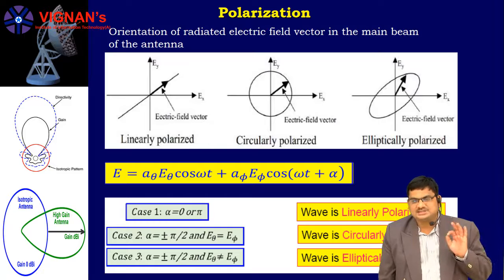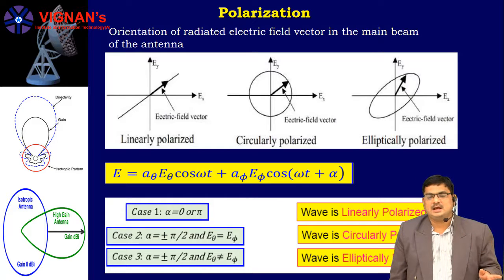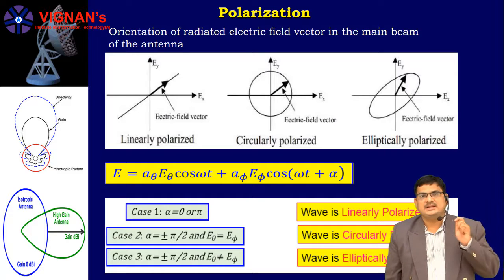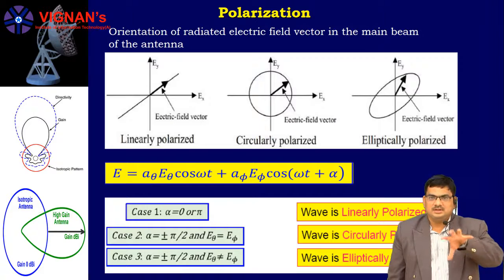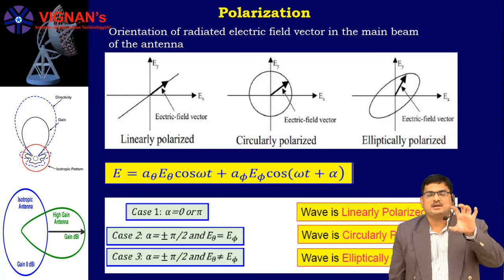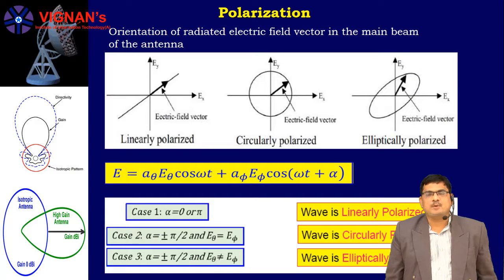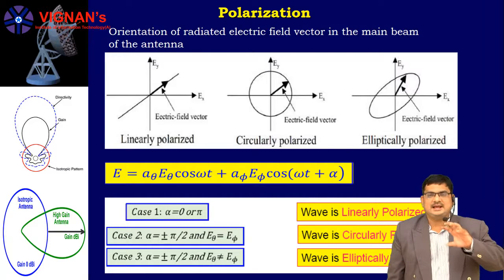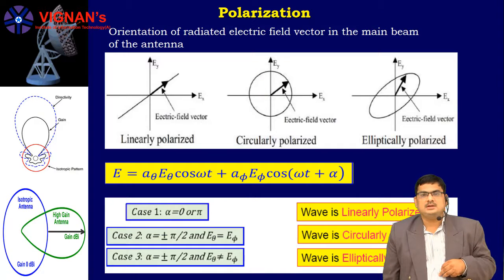The direction of the antenna and its polarization are both the same. If the electric field vector is traced in the shape of a circle, then we call it circular polarization. In circular polarization, if the direction of propagation is clockwise, it is right hand polarization.